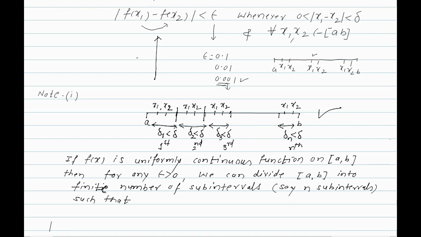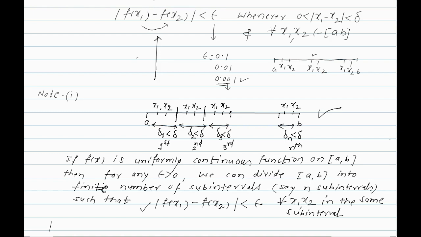what we have seen, that if you take any 2 points in any one of these subintervals, then the difference between the values of the function at these 2 points is very small. That means it is less than epsilon for all x1, x2 in the same subinterval. If x1, x2 are in the first interval, this inequality holds.